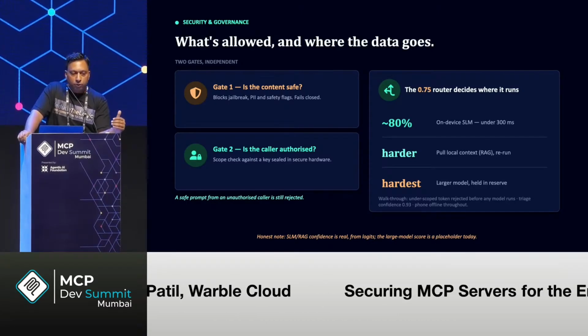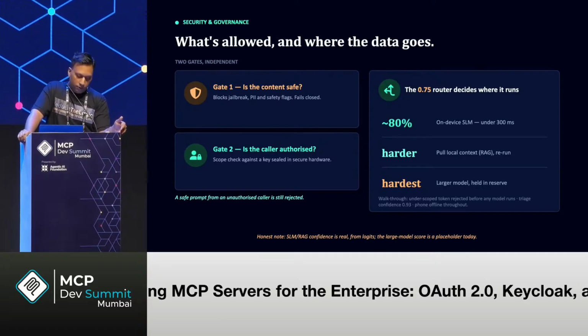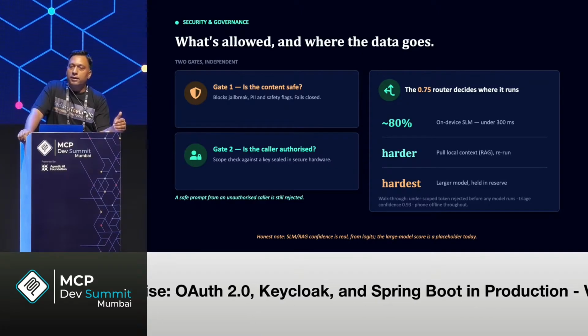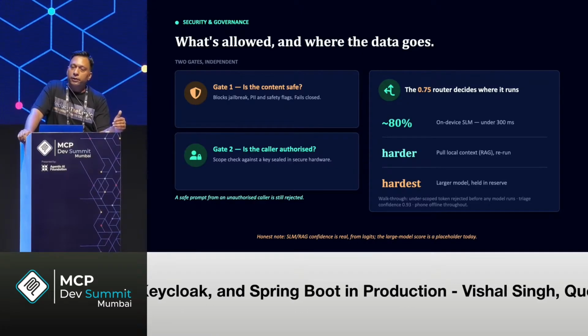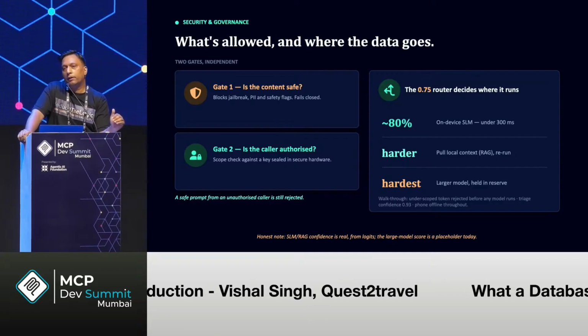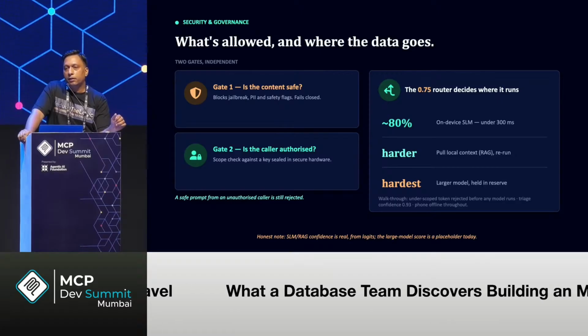And gate 2: suppose gate 1 passes, gate 2 answers a different question. That's an IAM service that checks whether, for the prompt being sent to the system, the agent has the authority to call that further. Basically, we are checking for the scope. We need to ensure that the agent is not out of scope, even if the content being asked is a valid one.